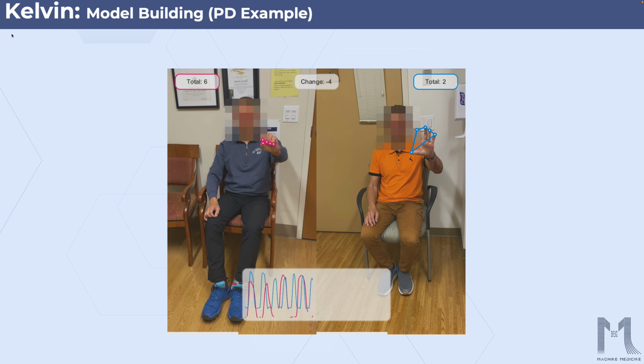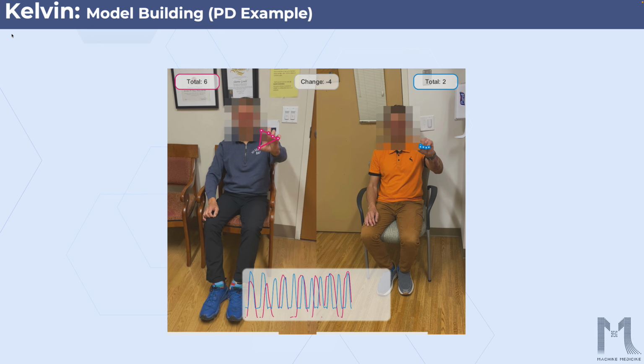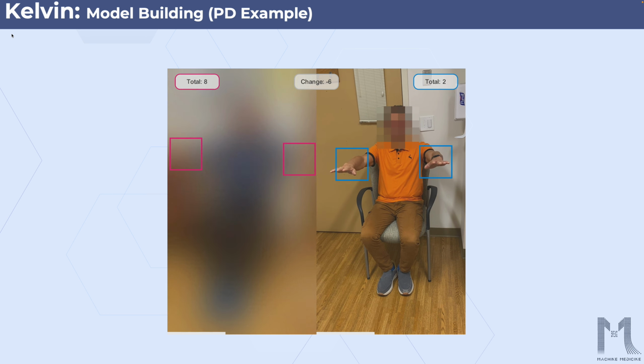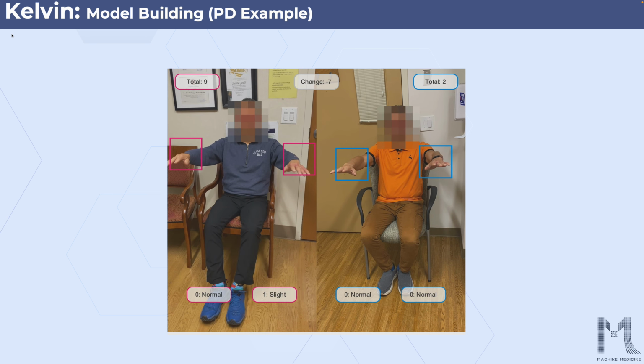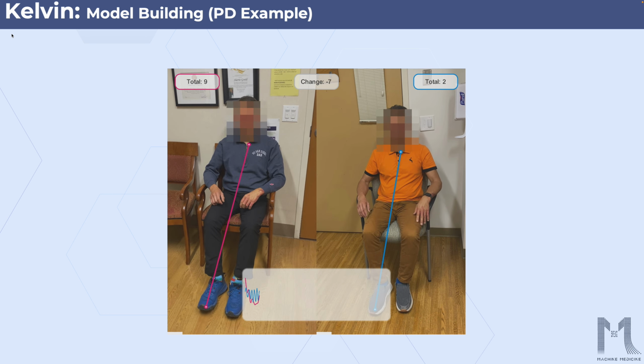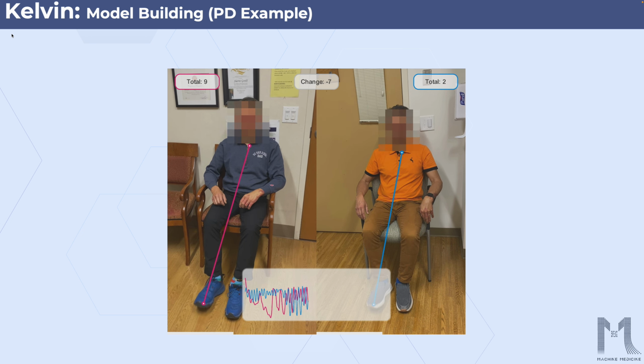And in the top left and top right, we're accumulating the scores from each item as the algorithm provides them. And then in the middle at the top, we're showing the delta between pre-surgery and post-surgery.